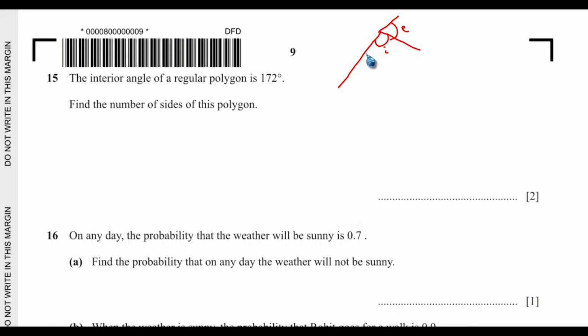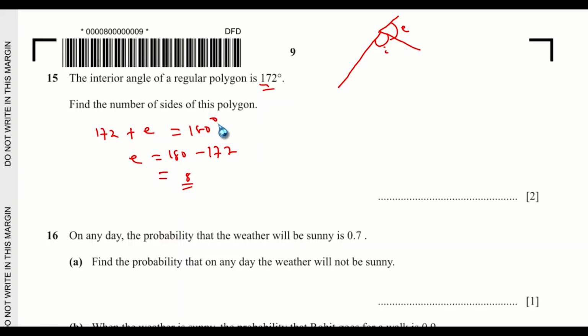Since we are given one interior angle, 172, plus one exterior angle, let's take the exterior angle to be E, that will equal 180 degrees. So one exterior angle will be 180 degrees minus 172, which gives us 8 degrees. That means one exterior angle is 8 degrees.